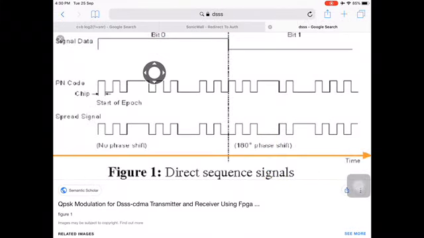Now I'm going to explain the technique and what it really does.